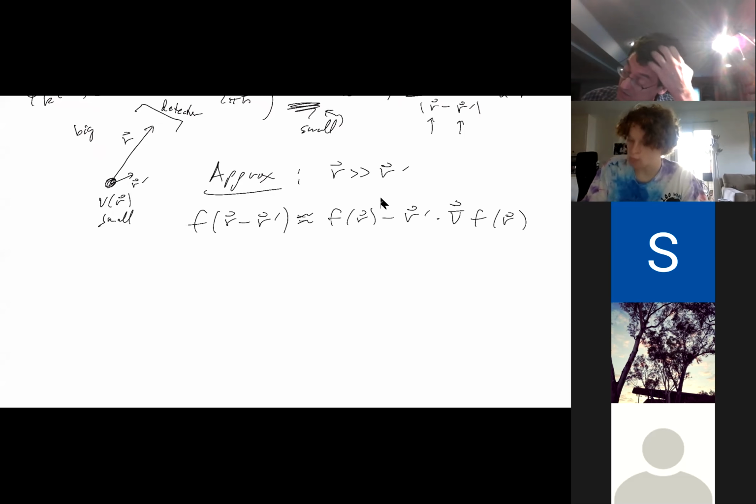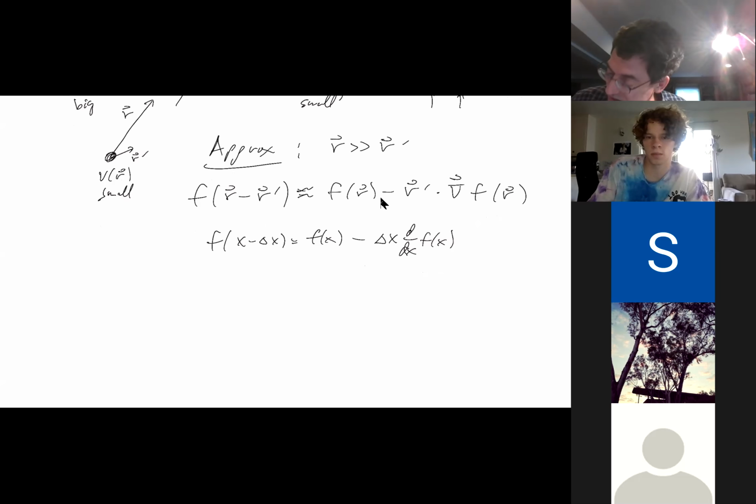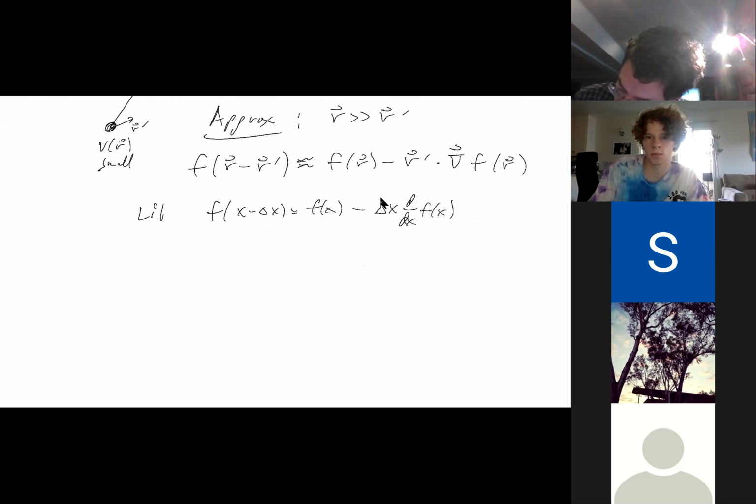You guys have seen that before. It's just calculus, like saying f of x minus delta x is equal to f of x minus delta x d dx f of x. So you've all seen this before.